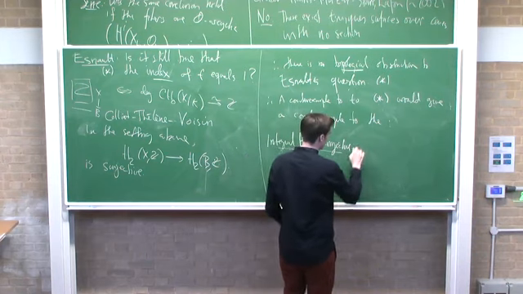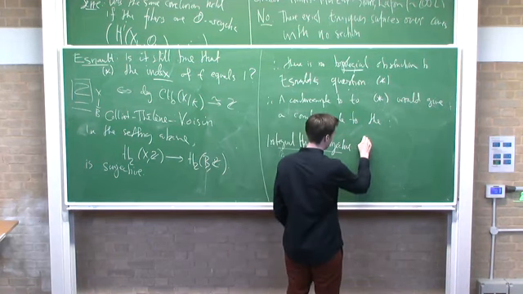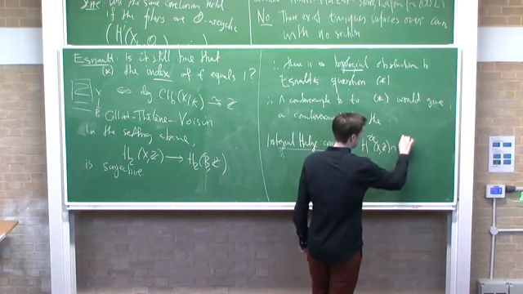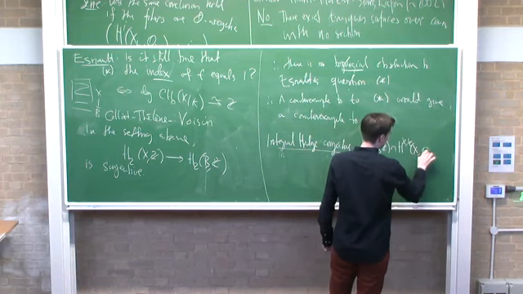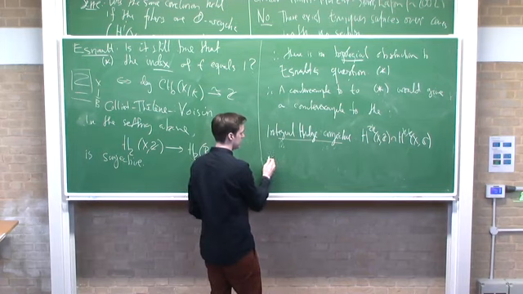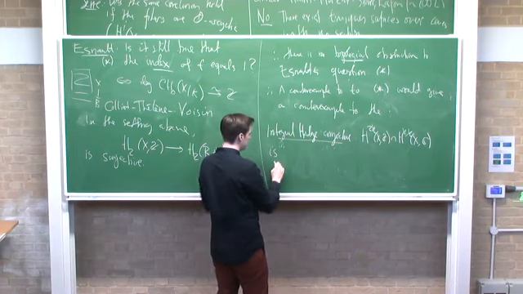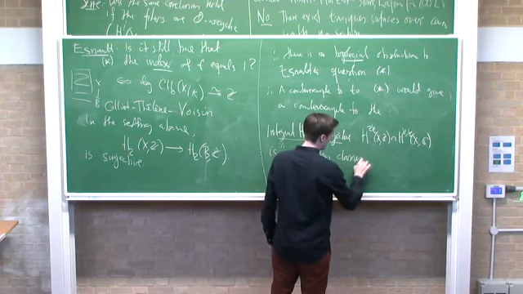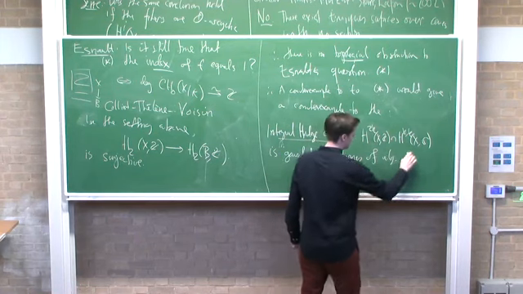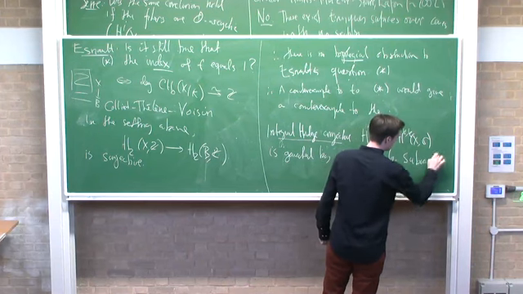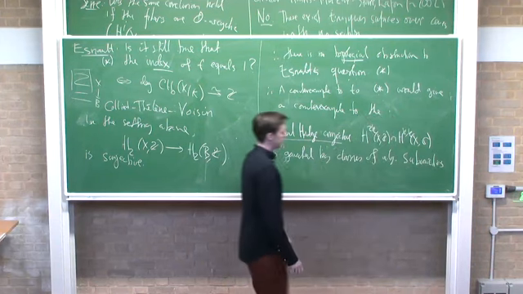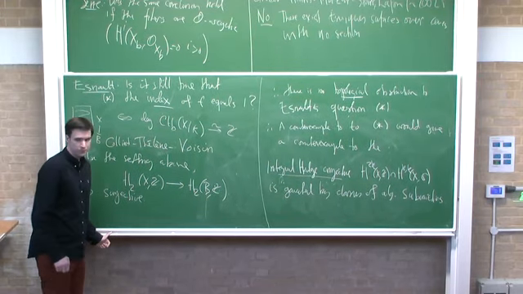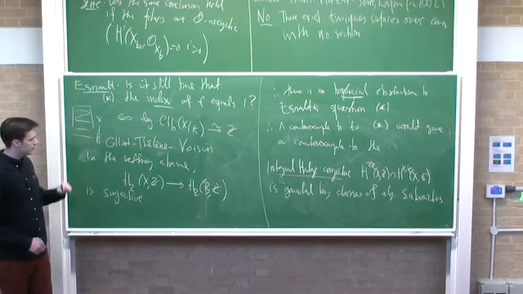So just to say what that means, it's a statement that all integral Hodge classes, that this group is generated by classes of the algebraic subvarieties. Okay, so this is not a torsion class, this is a class that's not torsion.